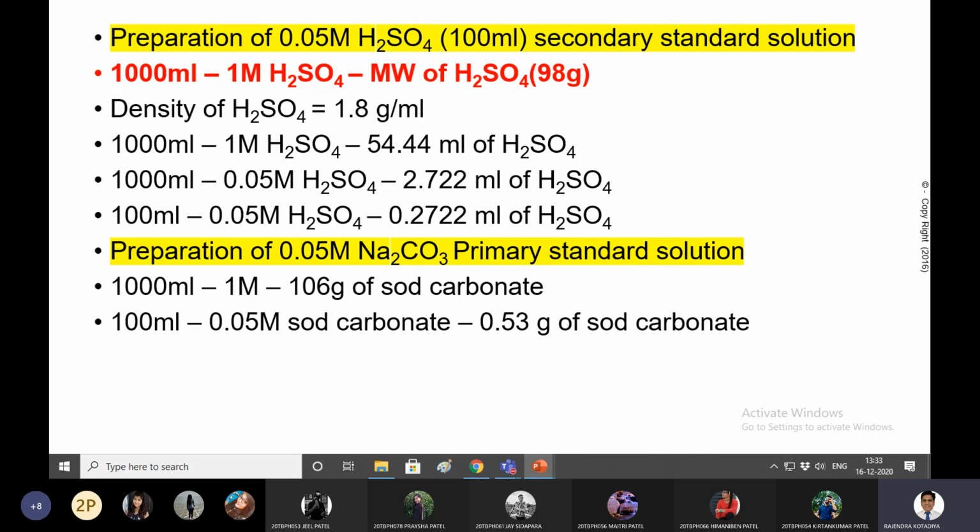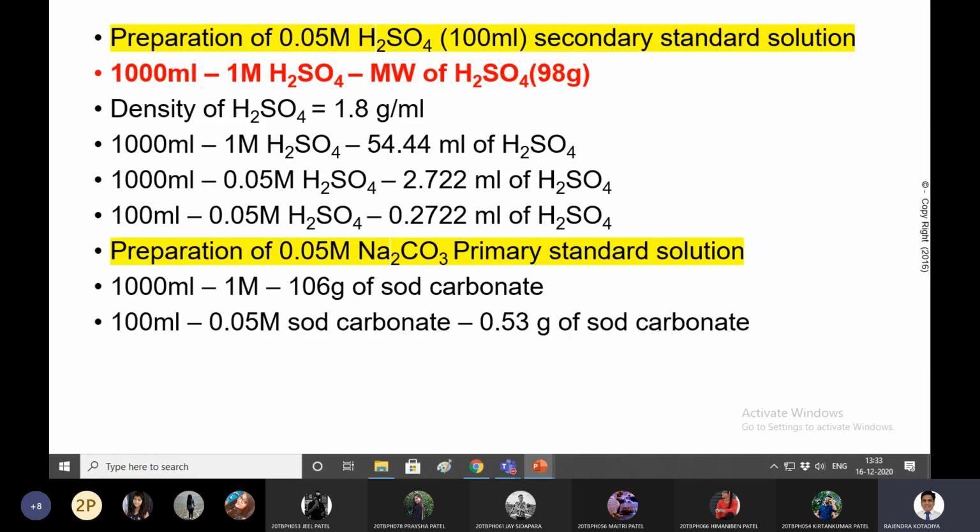So the final amount of sodium carbonate you require for 100 ml of 0.05 molar solution is 0.53 gram, dissolved in 100 ml. So you will get 0.05 molar sodium carbonate solution.